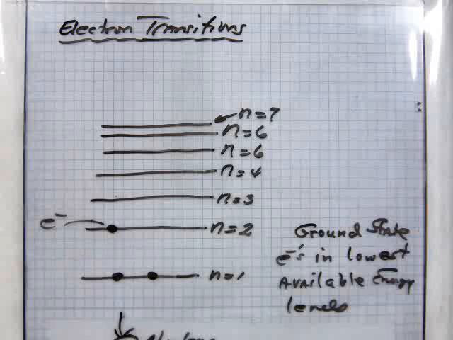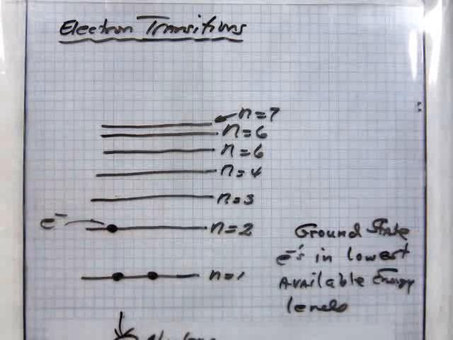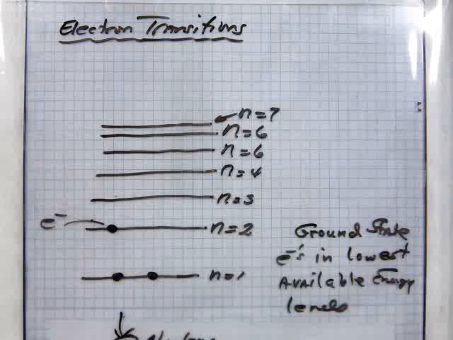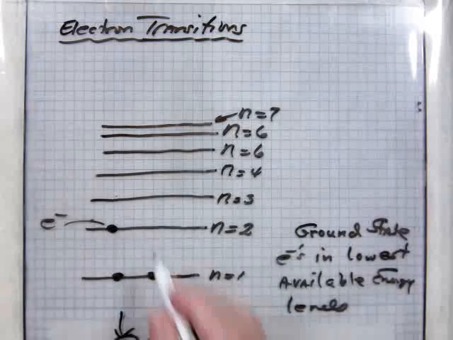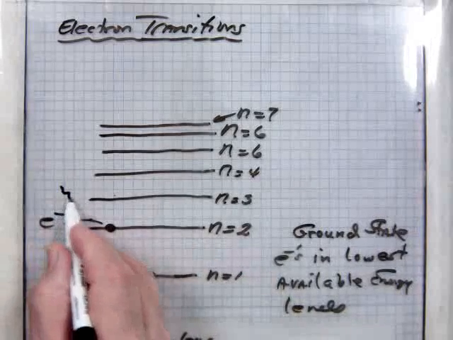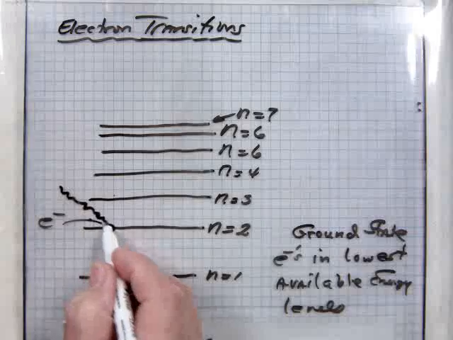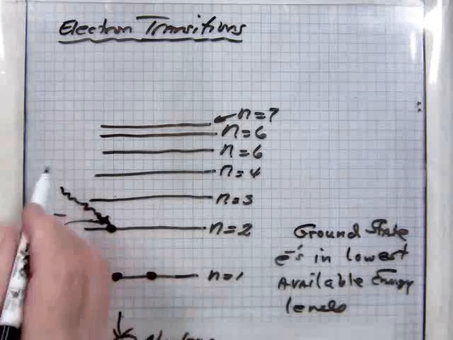Now, if this lithium was placed in a discharge tube like that and electricity sent through it, the electrons are going to absorb energy. So energy comes in, and we'll just take this 1 electron right here.